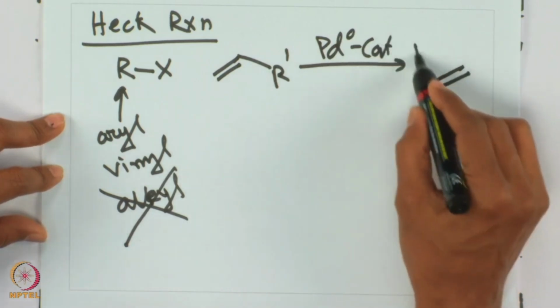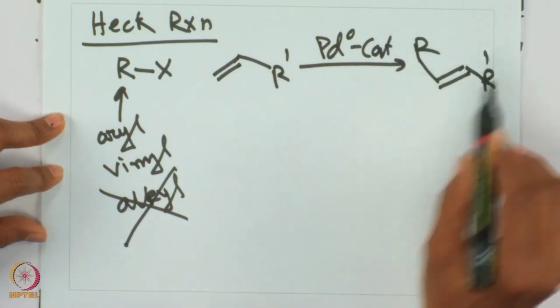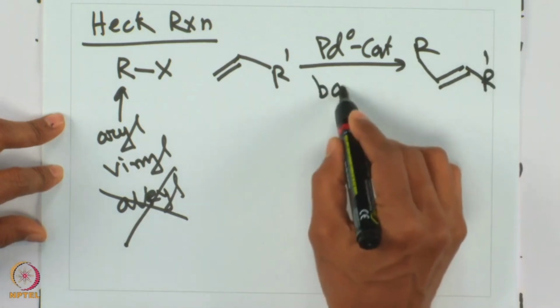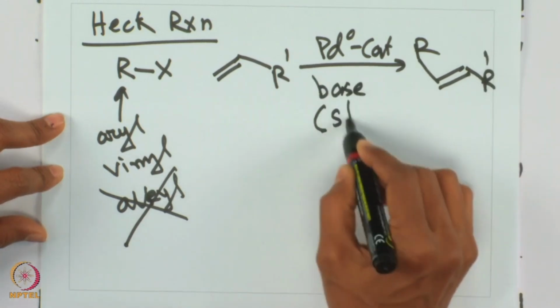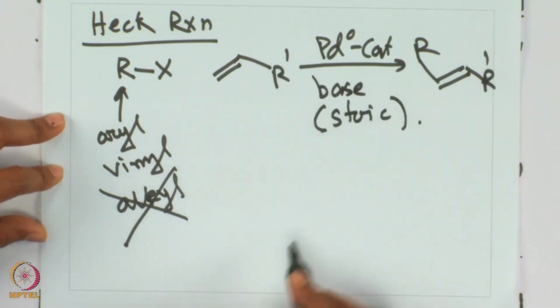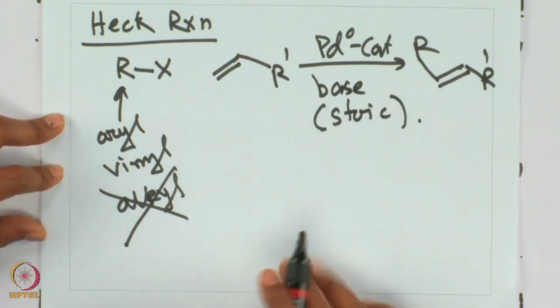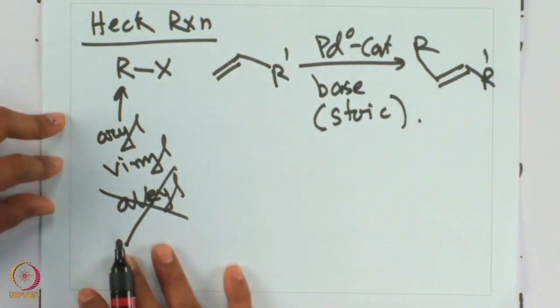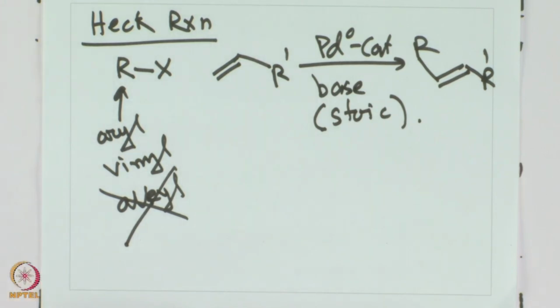Usually it is an internal olefin that people are interested in or people do get. So, you need a base in stoichiometric equivalent. All that is a quite interesting reaction in its own right. What we do see here is aryl halide.